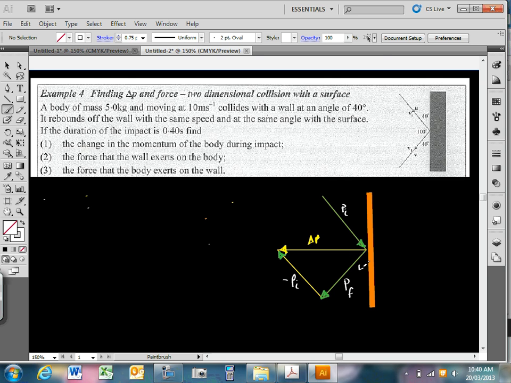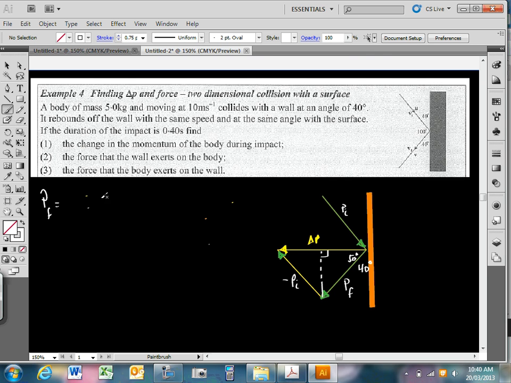This was 40 degrees, so in here is 50 degrees. And I can divide this triangle up, make it a right angle triangle. Then we can use SOHCAHTOA to solve it. I know the magnitude of the final momentum. Let's do a quick calculation.